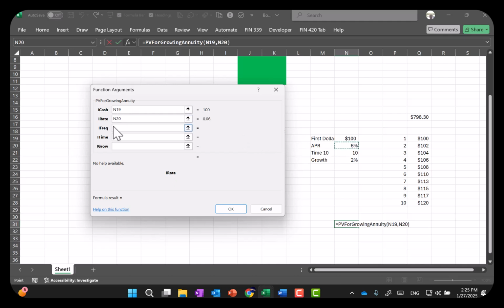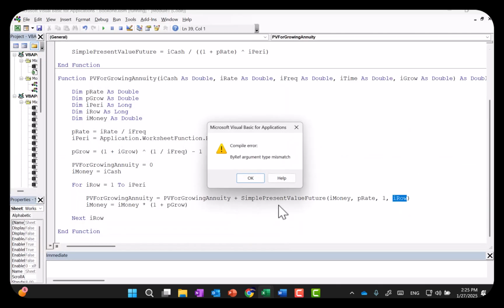Okay. Oh, okay. This one's iTime is a double precision, but I didn't make that double precision.